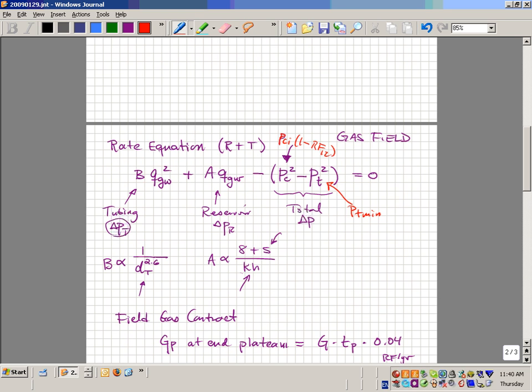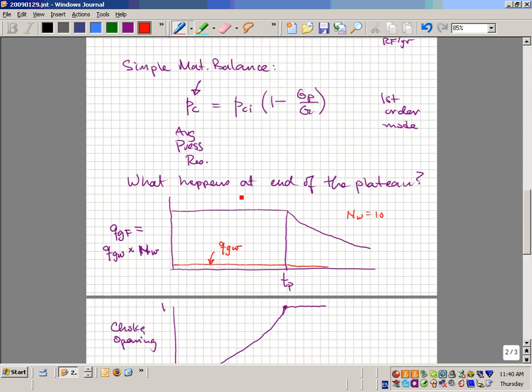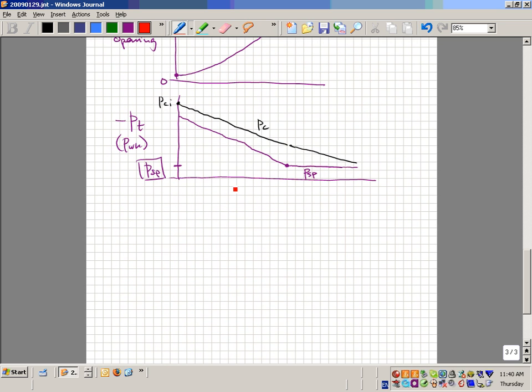It's equal to the separator pressure, whatever. And then we can calculate the gas rate at the end of the plateau, right? So we can calculate the gas rate of a well at the end of plateau.